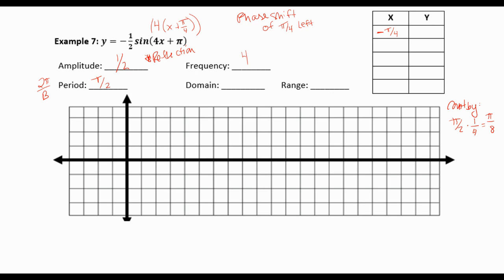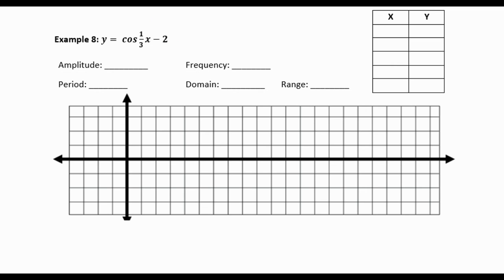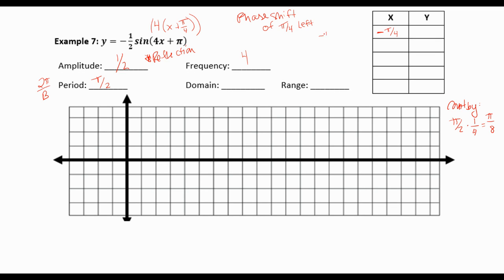Pi over 8 added to negative pi over 4, or you could write it as negative 2 pi over 8, plus pi over 8 is negative pi over 8. Adding pi over 8 would give us 0. Adding pi over 8 would give us pi over 8. And adding pi over 8 would give us pi over 4.